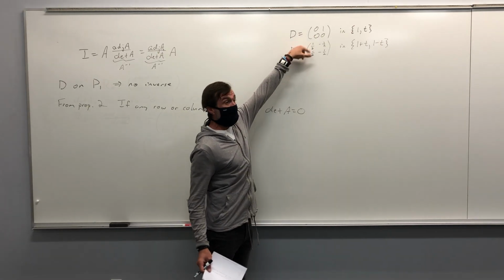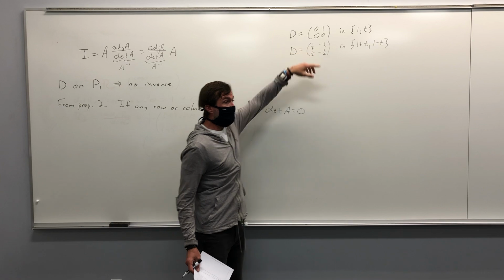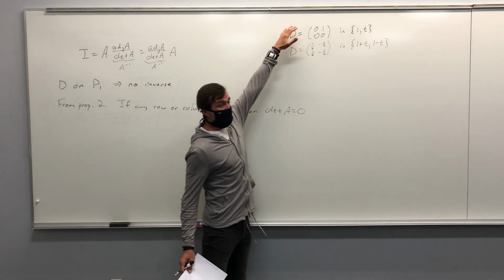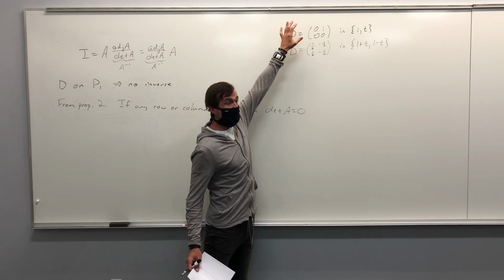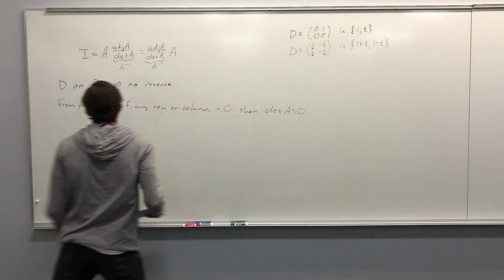Remember, these represent the same operator, so if one of them doesn't have an inverse, the other one definitely doesn't have an inverse. But that just means this will allow us to select out determinant 0 operators in certain bases, but you can go to another basis where it's not as obvious. Okay?